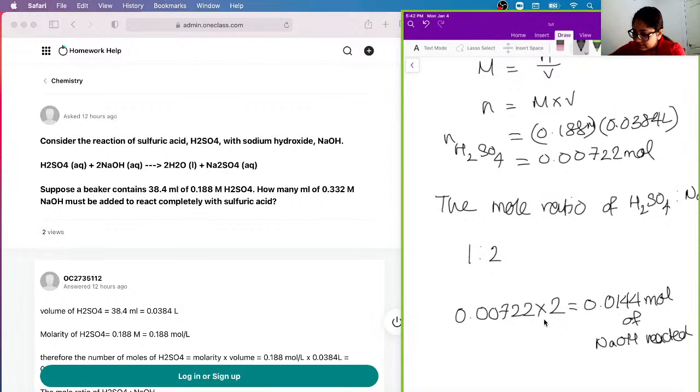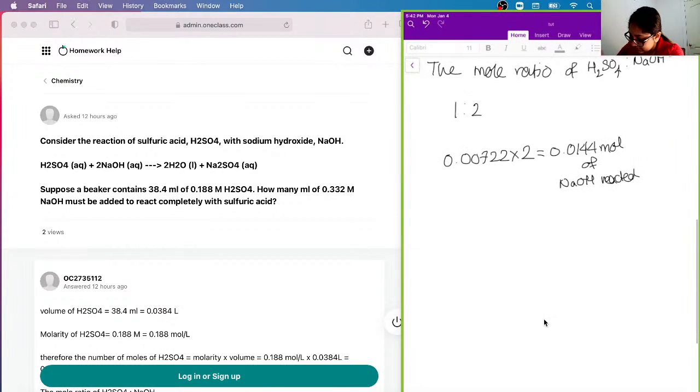Okay. And so now, since we're given the molarity of NaOH, we can use this to find the volume.